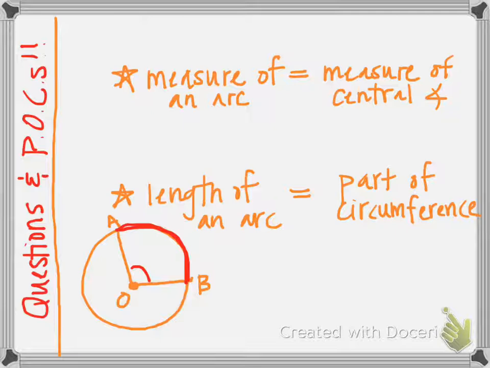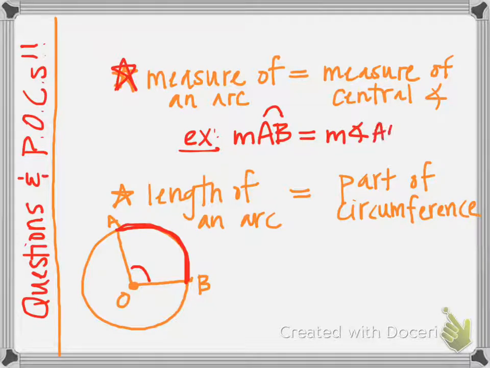So for example, I'm talking about this one right here, we could say that the measure of arc AB is going to equal the measure of angle AOB. These 2 things mean the same thing. You're used to the right hand notation, but the left hand notation is new. And I need y'all to know that that's actually talking about an angle measure, degrees of an angle.